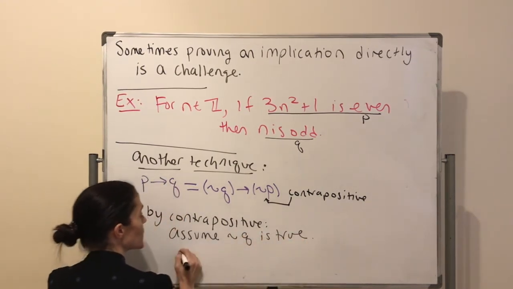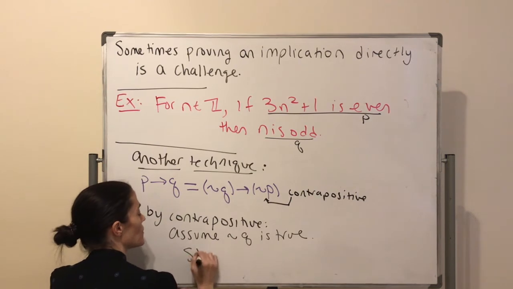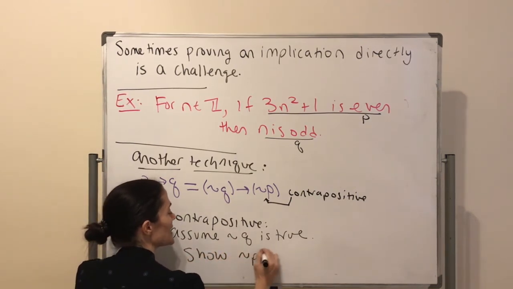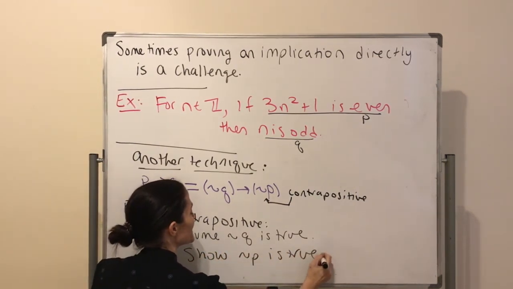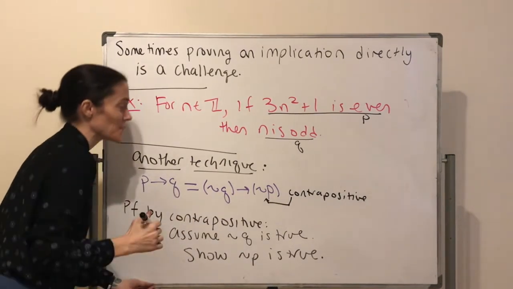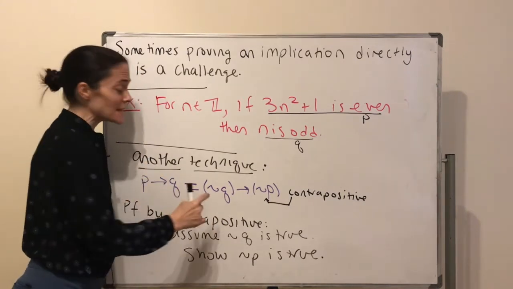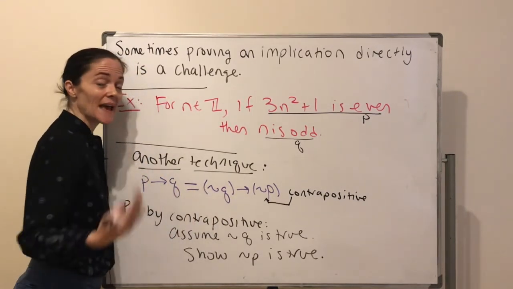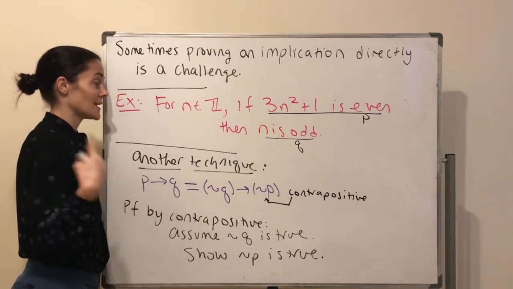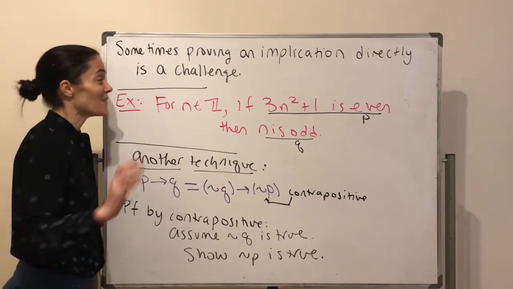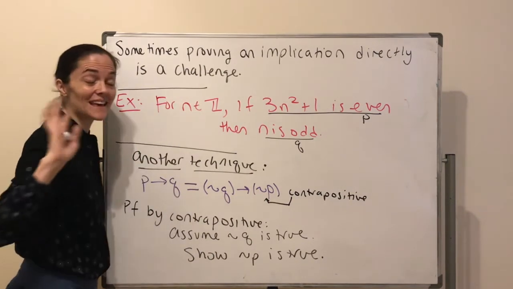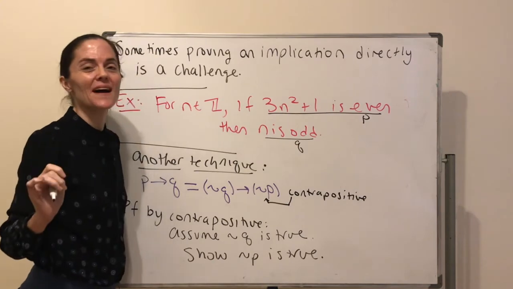And then we work to show not P is true. And when we do, we have proved the contrapositive here. But because of this logical equivalence, we have, in effect, proved the implication. And, well, let's do this example as our first proof by contrapositive.